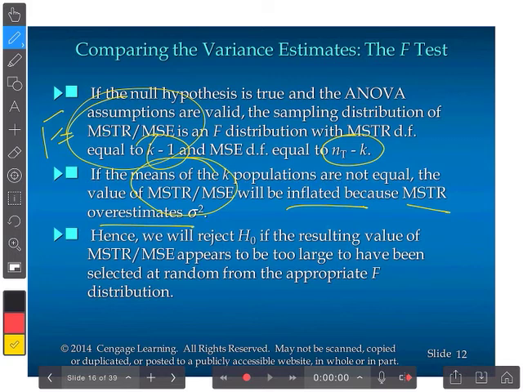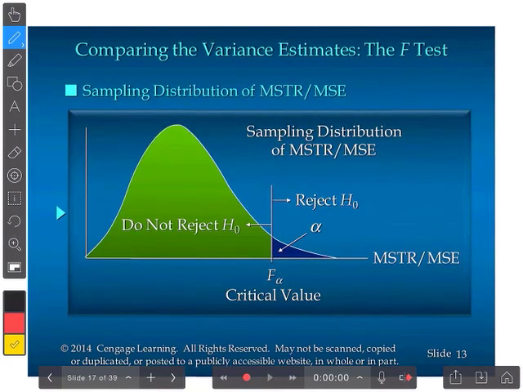Hence, we will reject H0 if the resulting value appears to be too large to have been selected from a random sample that reflects H0, where the means are all the same. And so this is what our decision rule will look like. The F distribution is skewed, kind of like the chi-square distribution, but perhaps not with as long a tail.